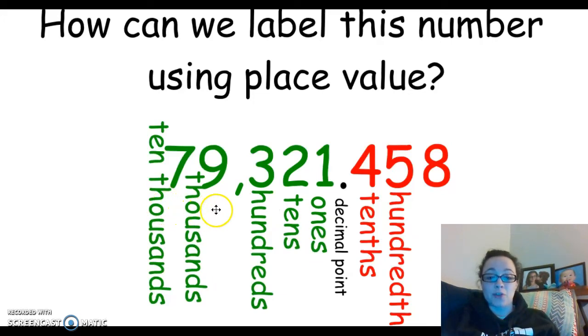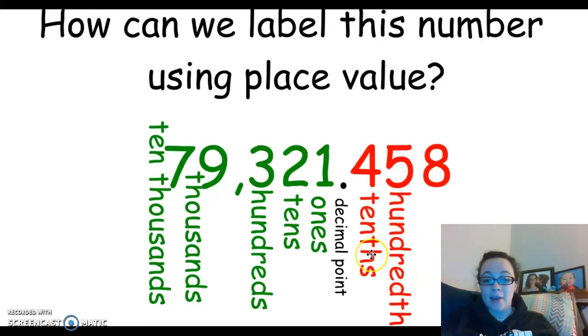As we move from left to right, our numbers get smaller. Anything to the right of our decimal point is going to gradually get smaller and smaller. Think back to fractions. The more we cut apart our whole, the smaller the pieces within it became. Our tenths are our largest pieces in this case, then our hundredths and our thousandths.